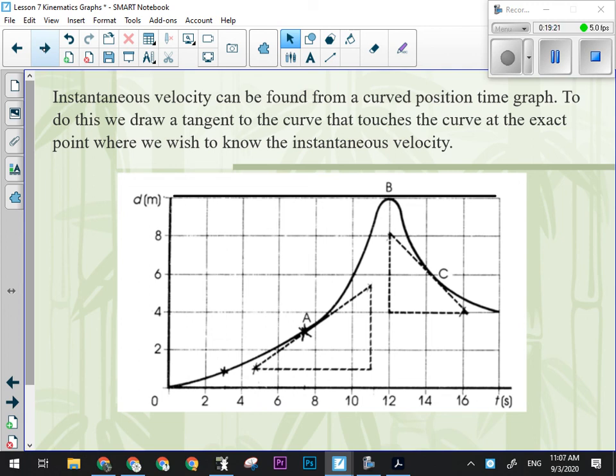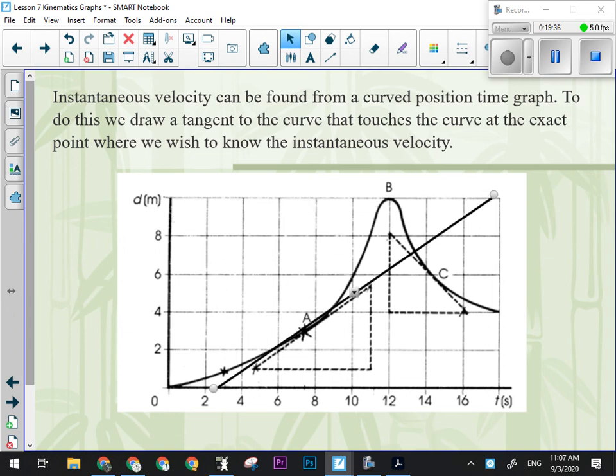What's the object doing here as it approaches B? Okay, well, let's have a look at it this way. Let's use this line to help us. Okay? So, down here, the line points like this, right? Which is an object that's traveling forwards at a constant velocity, yes?